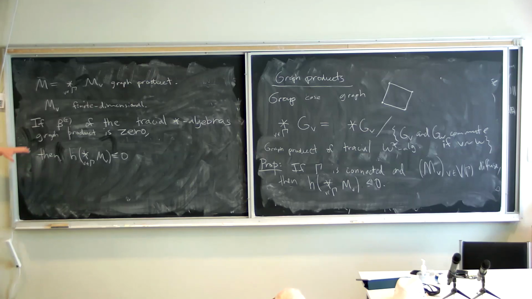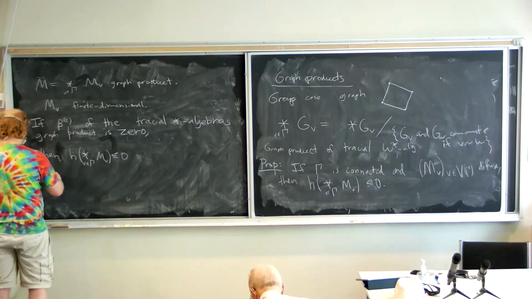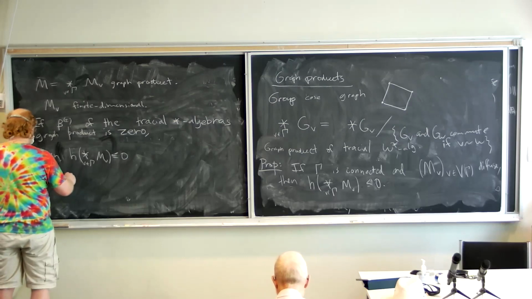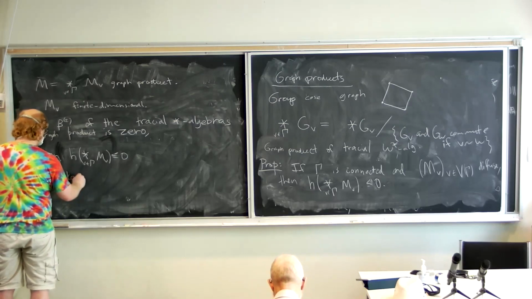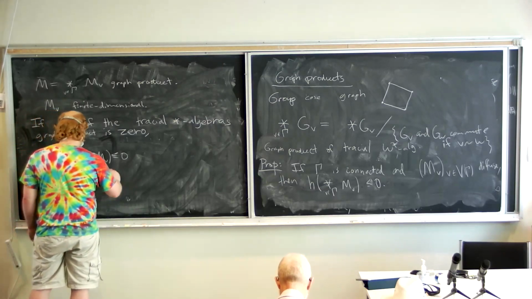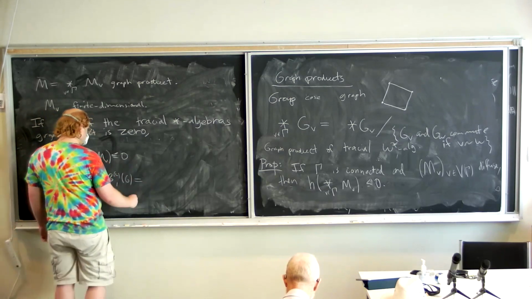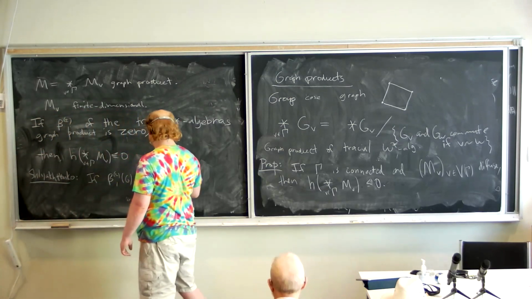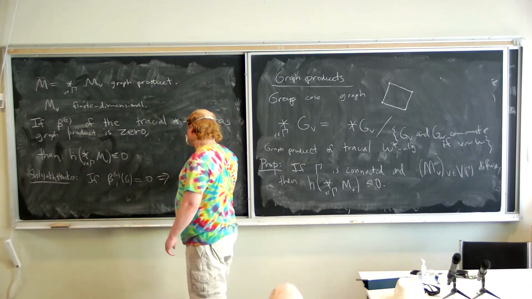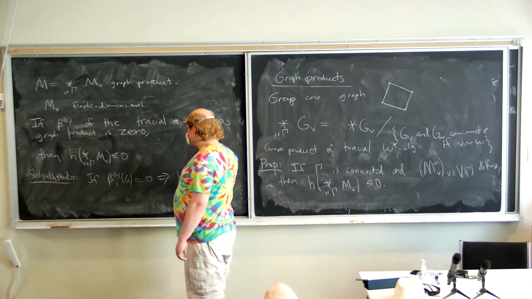One of the main ingredients is a result of Shlyakhtenko, who proved that for groups, if the first L2 Betti number of a group is 0, then the group von Neumann algebra has bounded entropy.